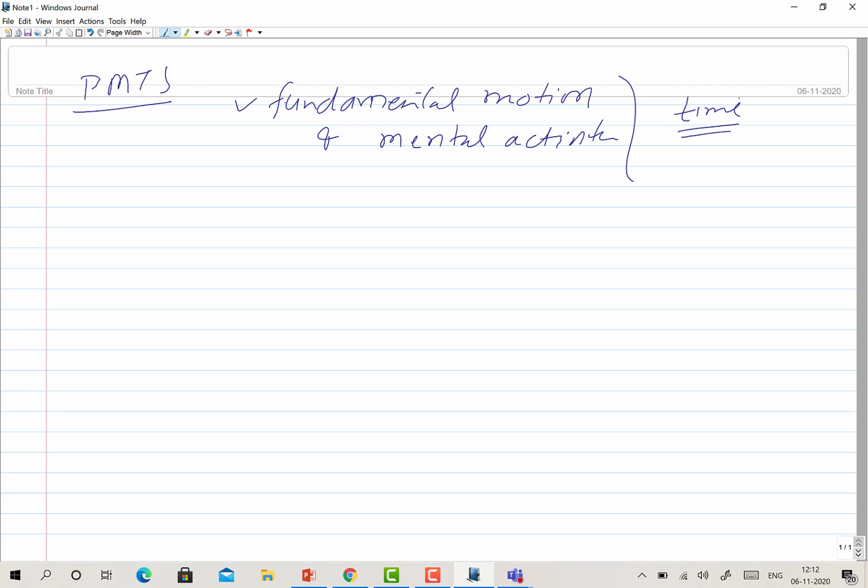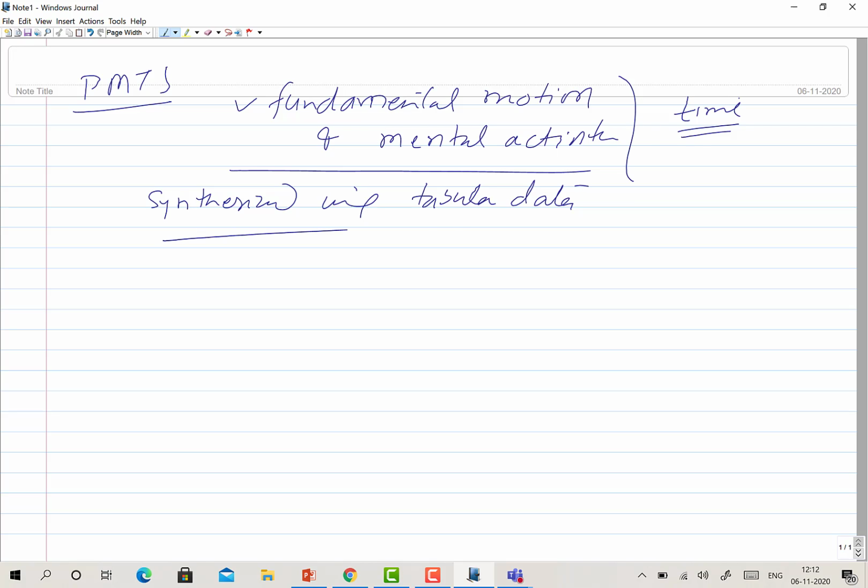And you know that the application of this method doesn't require actual performance of the job, but basically the time is synthesized using the tabular data available from the earlier records.